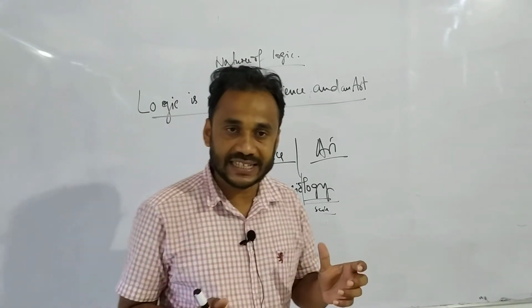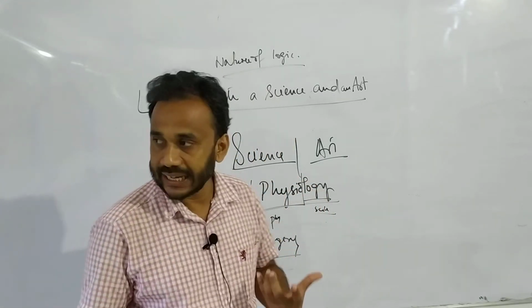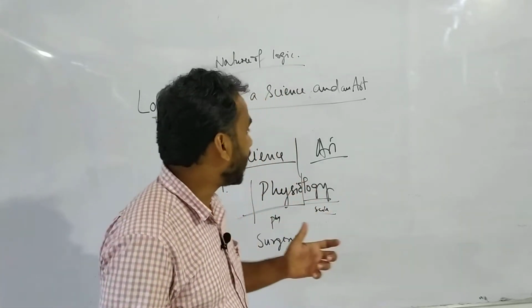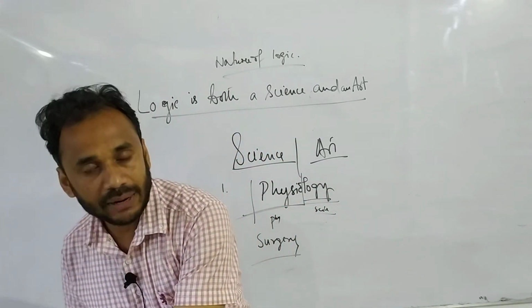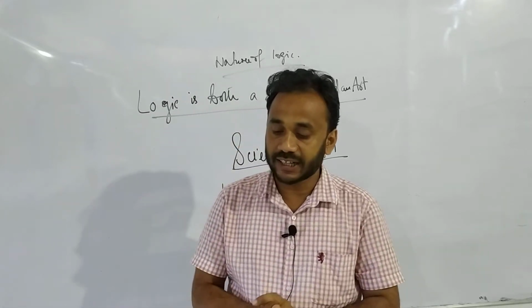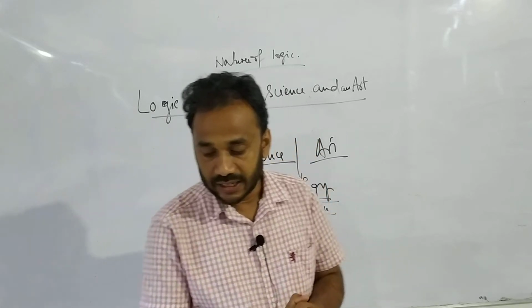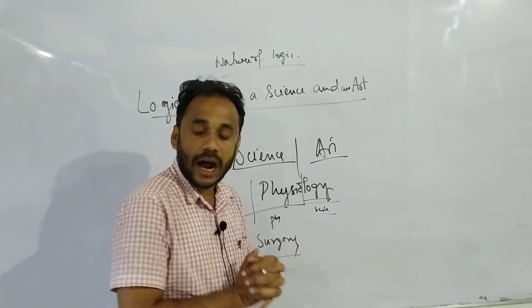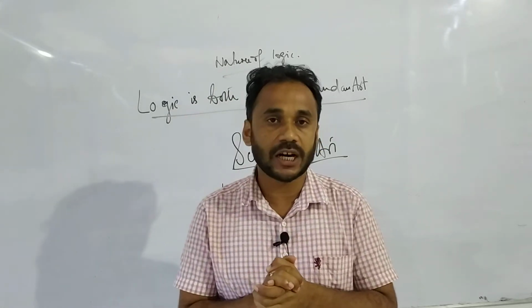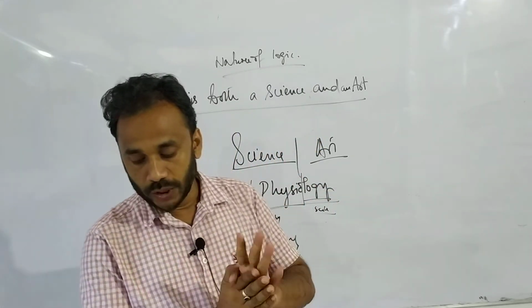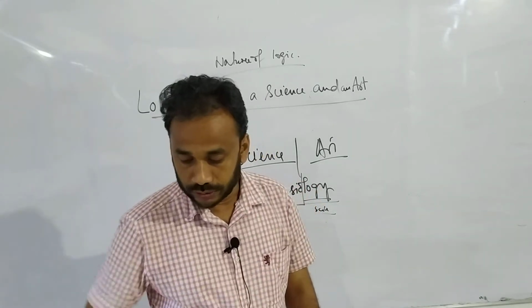Here we can conclude that logic is both theoretical and practical, because logic determines in a systematic manner the general principles of correct thinking, and also teaches us how to apply the principles or techniques for the realization of truth.